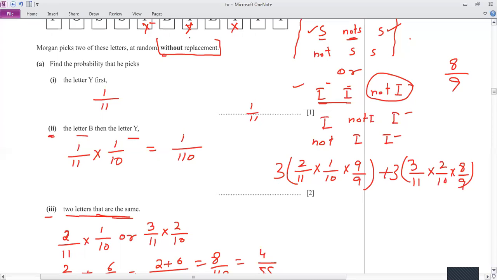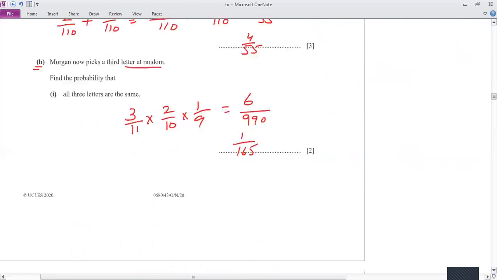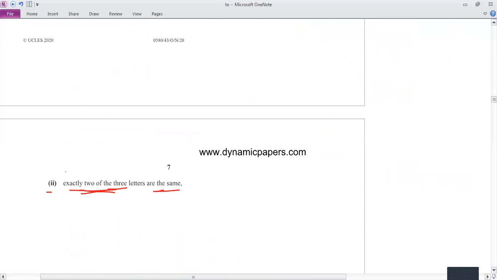I just write it here because it will be easy for me. Otherwise, we are talking about that one in this part, okay? I will write it here so you don't get confused.